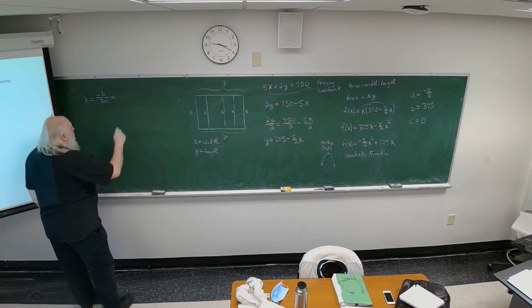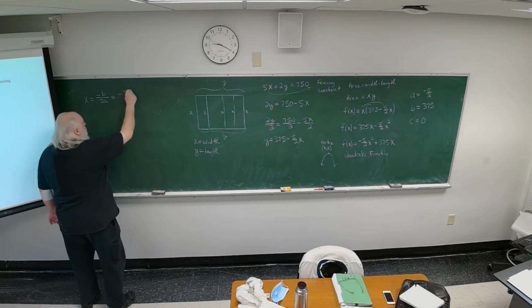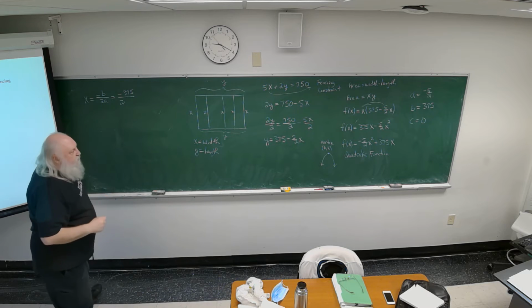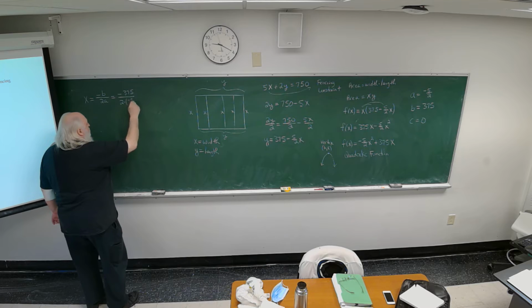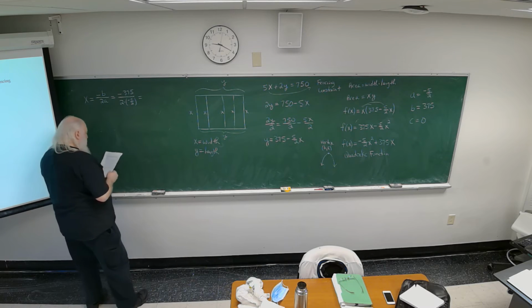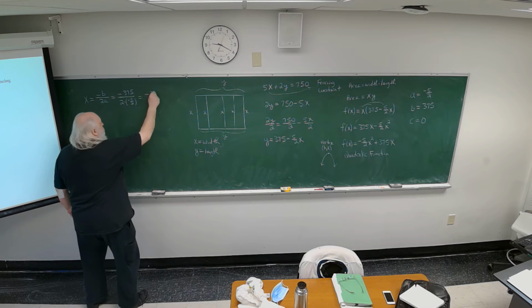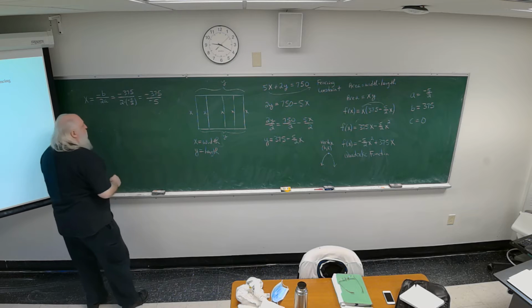Negative b is minus 375, and 2 times a is 2 times minus 5 halves, which is equal to minus 375 divided by negative 5.